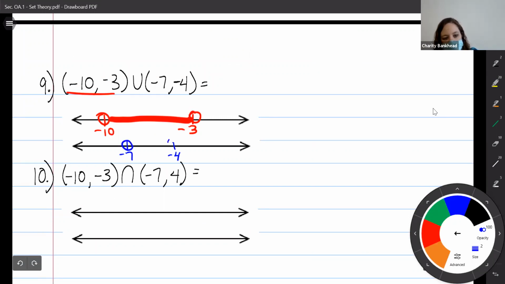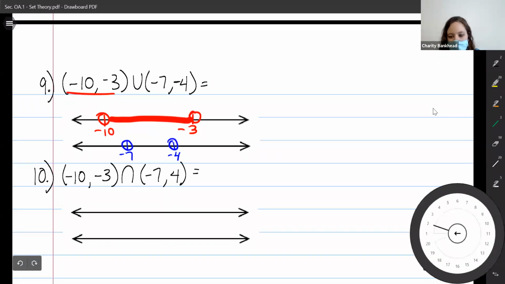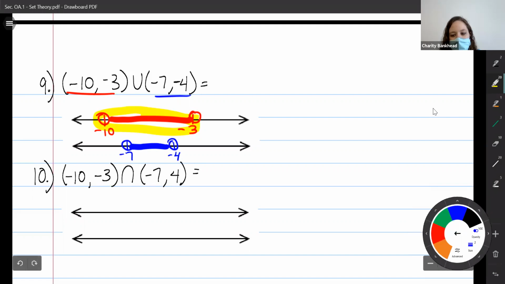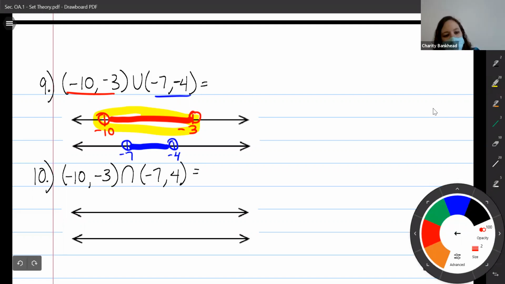That's why I wanted to change that to a -4, so we could have an example like this where that second one is all the way inside of the first one. So if we wanted to do the union in this case, it would really just be this larger set because it already takes in the whole second set. So in this case, the union would just be -10 to -3.